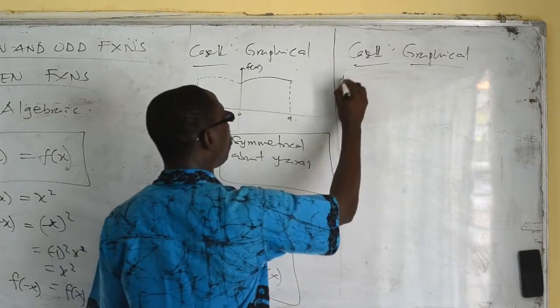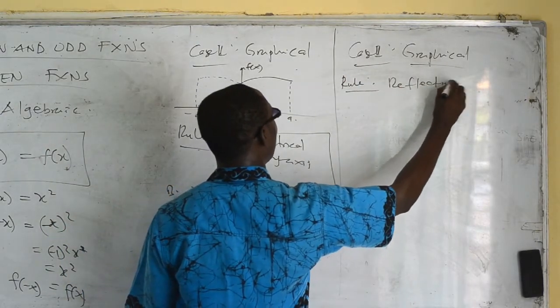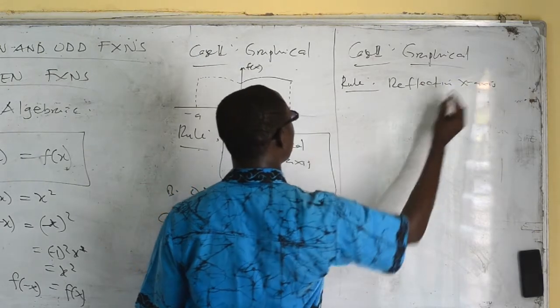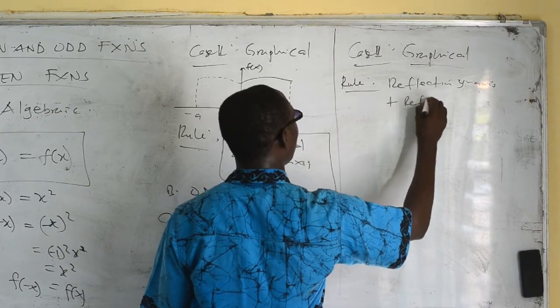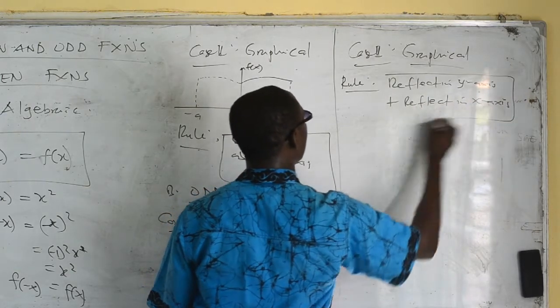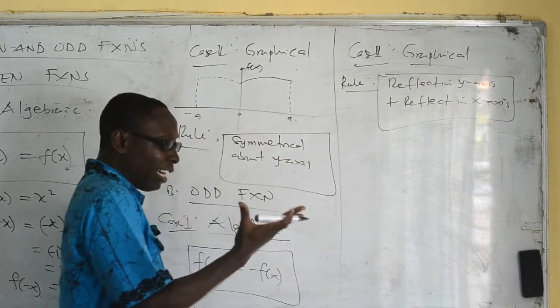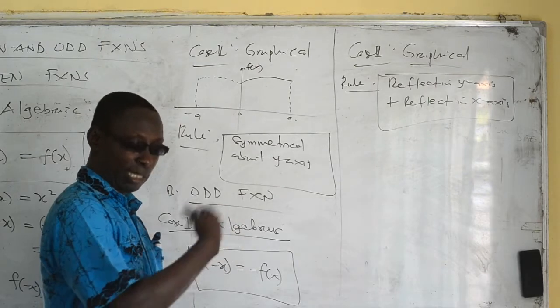The rule, I'll write the rule first. The rule says reflect in the y-axis plus reflect in the x-axis. That's the rule. So first of all, reflect whatever you have in the y-axis. When you finish, reflect that result in the x-axis.